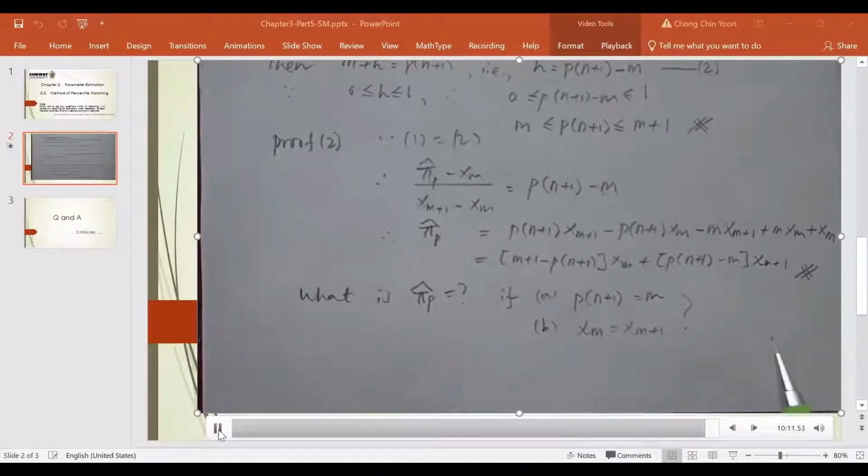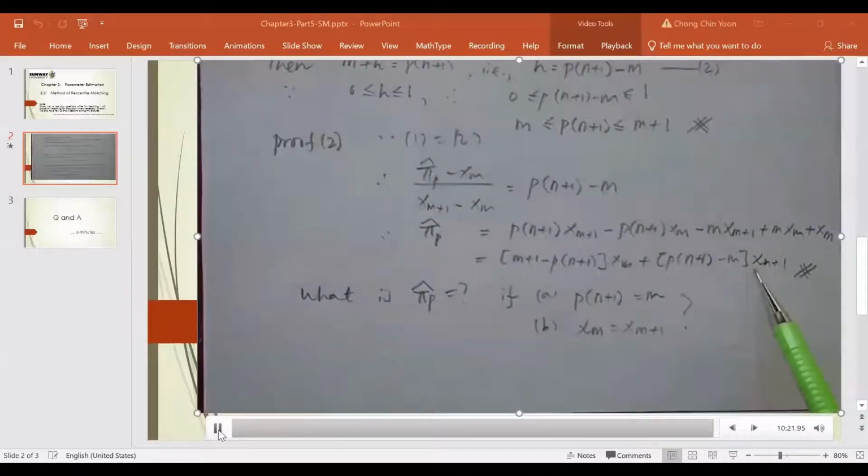So you can try it, you just substitute this p times m plus 1 as m inside here, and also substitute xm plus 1 as xm, and you simplify, you will get the result of this pi p hat.